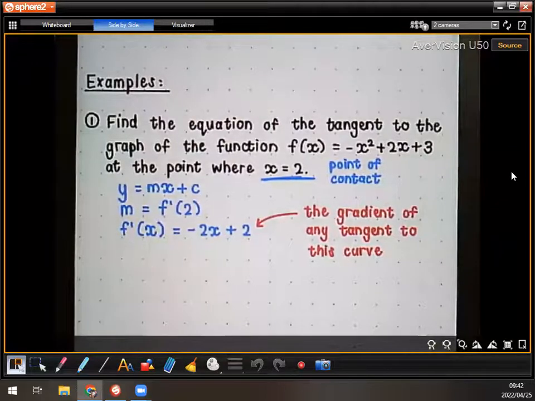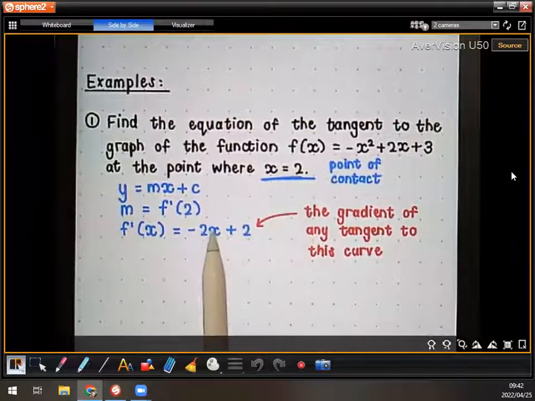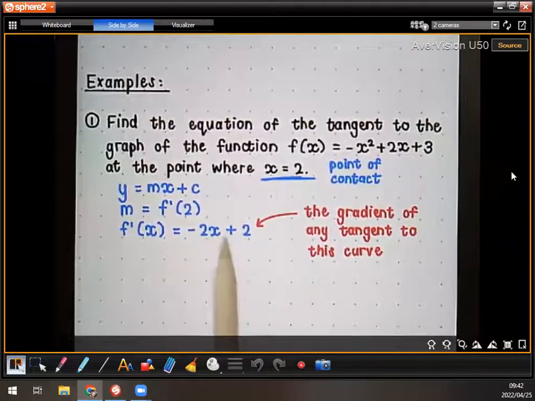Now the gradient of our tangent, the one that we are finding, is where x is equal to 2. So that's why there is an x in that gradient formula.